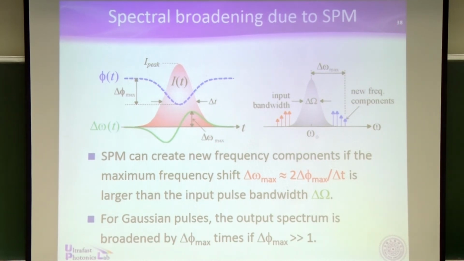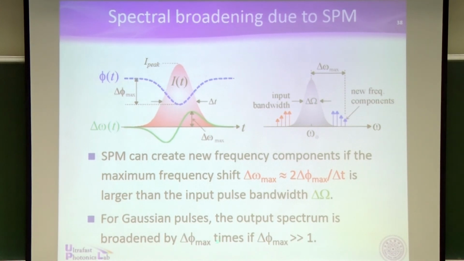But if your delta phi max is 0.1 radian, it's very small, then this condition is not satisfied. So you cannot conclude the output spectrum is only a fraction of the input spectrum. It's not true. Okay?